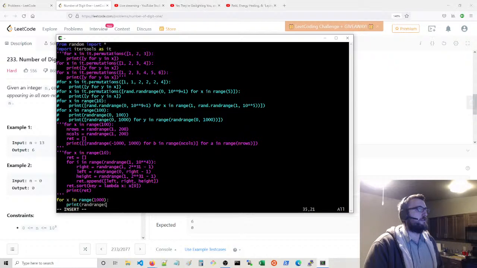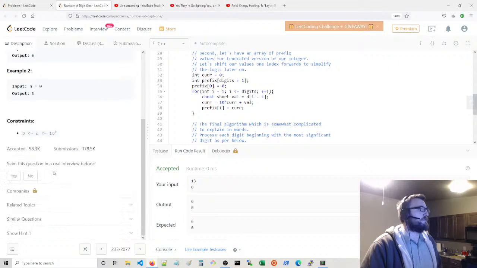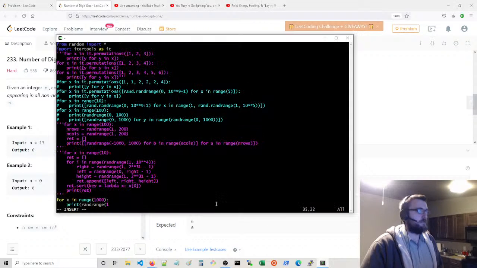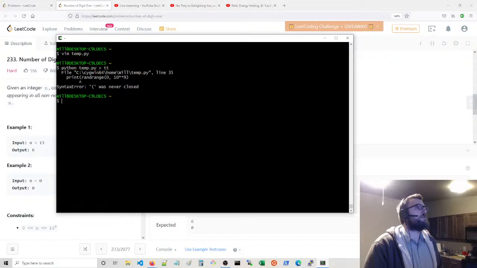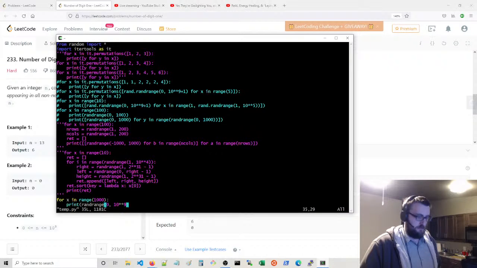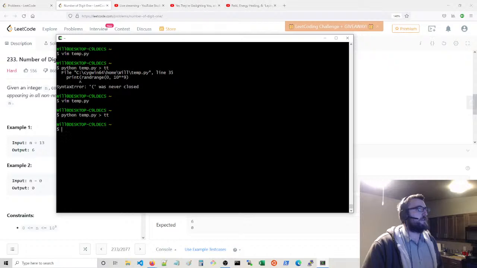Rand range of, could be 0 to 1 billion. Oops. I think actually I may have done something wrong with this program, by the way.